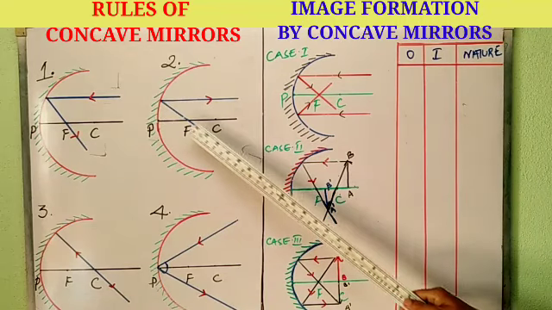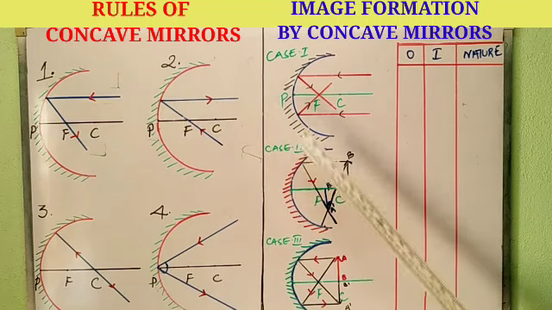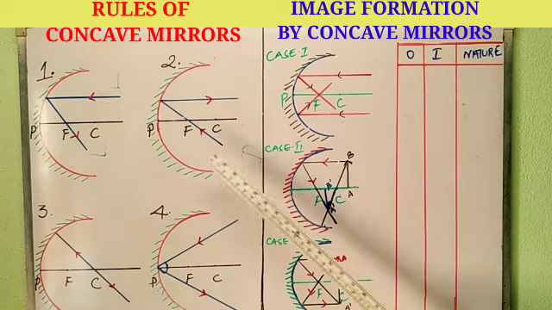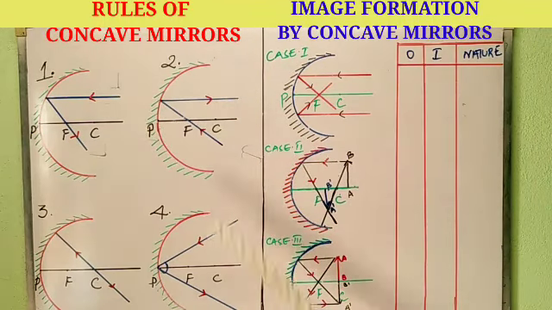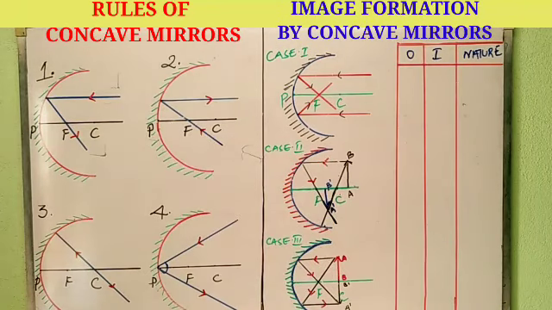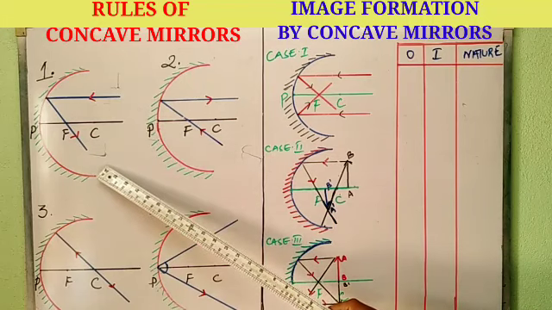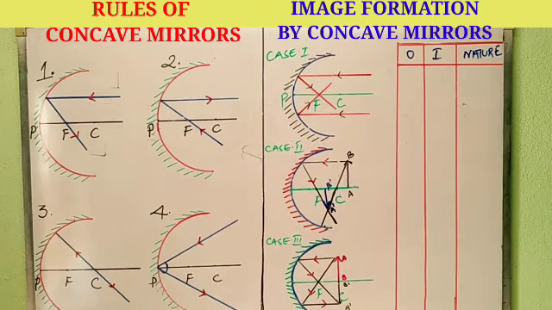If you see the diagrams, both almost mean the same, but this is the reverse of this, and this is the reverse of this. Light follows this, which is called the principle of reversibility. That means if the light ray is parallel to the principal axis, it passes through the focus, and if the light ray is passing through the focus, it goes parallel to the principal axis. So these are rules 1 and 2.